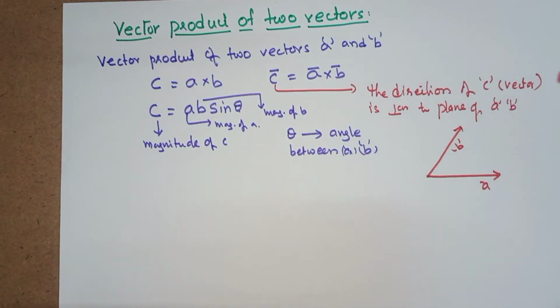The perpendicular direction, the z direction, will be the direction of the C vector.